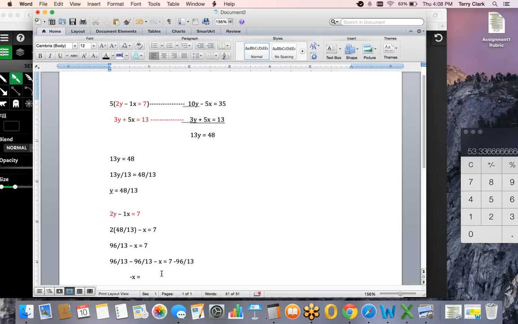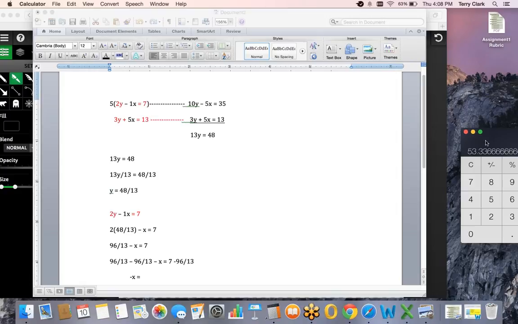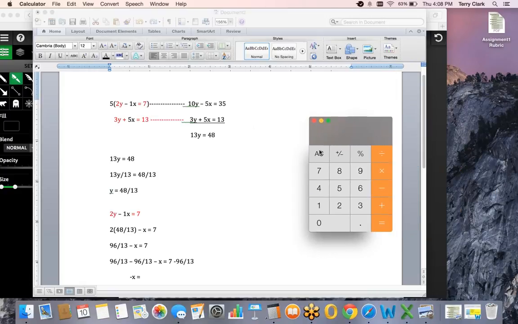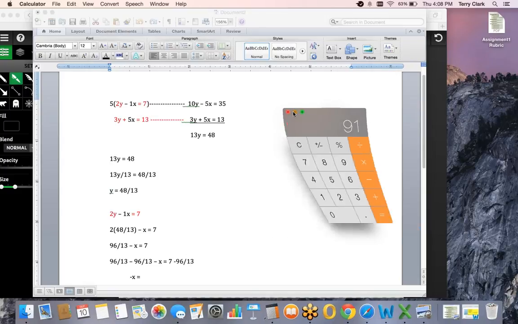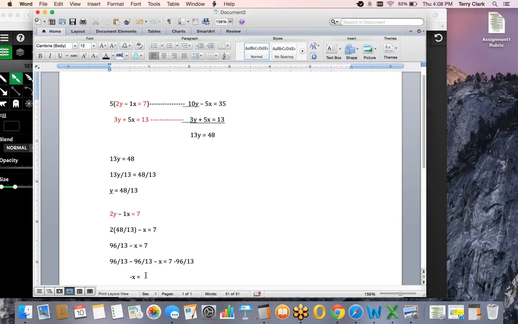So I'm going to take 7 and multiply it by 13, and then divide it by 13. So I'll still have the same value. 7 times 13 will give me 91, and then that's going to be 91 over 13.